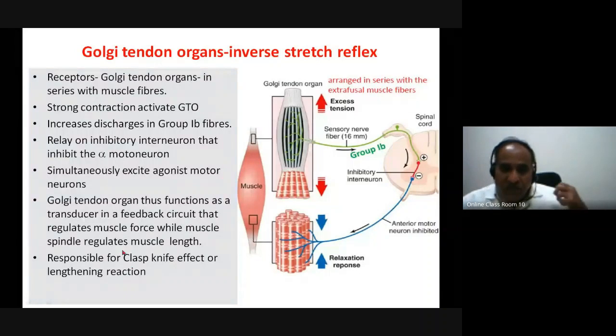Now, I would like to explain that the Golgi tendon organ inverse stretch reflex becomes the basis for the clasp knife effect in hypertonia associated with upper motor neuron lesions.